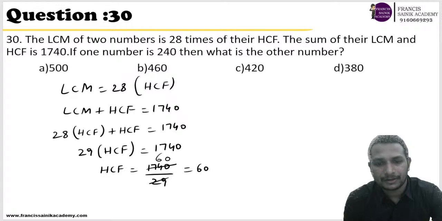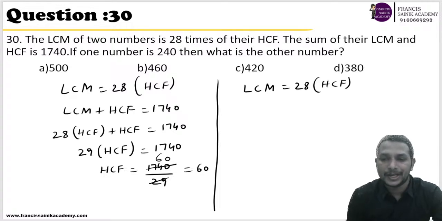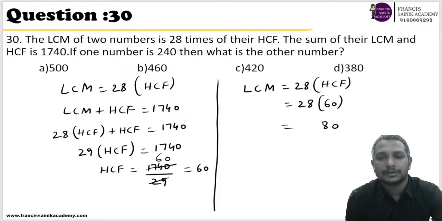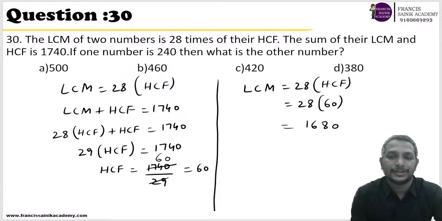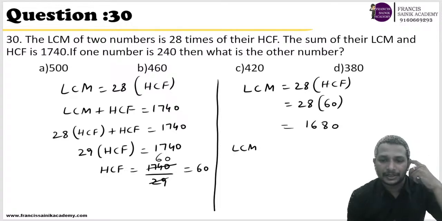But once we get the HCF, we get the value of LCM also. LCM is how much? 28 into HCF, which means 28 into 60, which is 1680. But LCM into HCF is the product of the numbers, right?